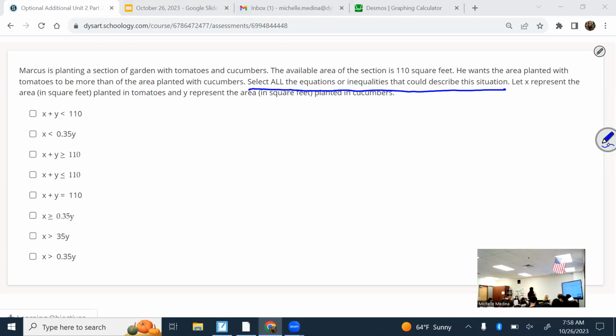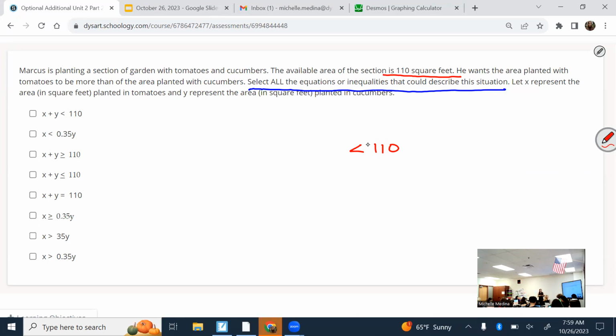The amount of square feet available, and that amount is 110. Now, we normally associate "is" with equals, but if you have 110 square feet of planting area, are you able to plant less than that? So then maybe we use a less than sign.